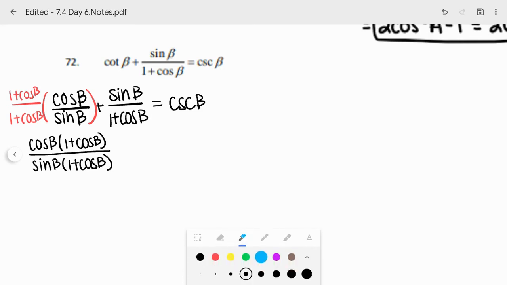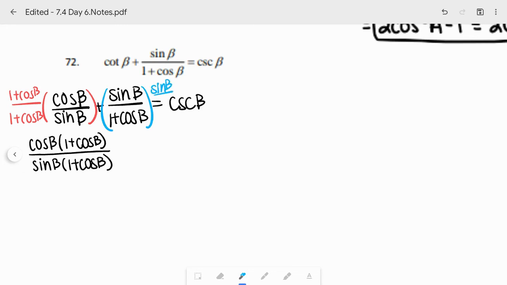And then for that second fraction, I'm going to be multiplying by sine of beta over sine beta. Okay, and when we do that, we will end up with sine squared beta over our common denominator, which was sine of beta times 1 plus cosine beta. And we want that to equal cosecant of beta.